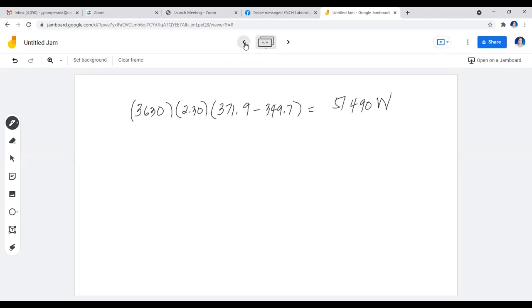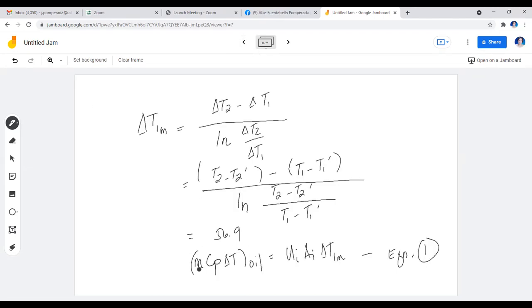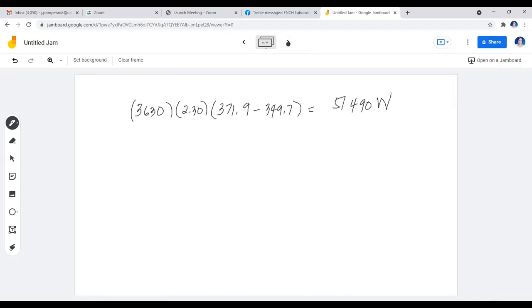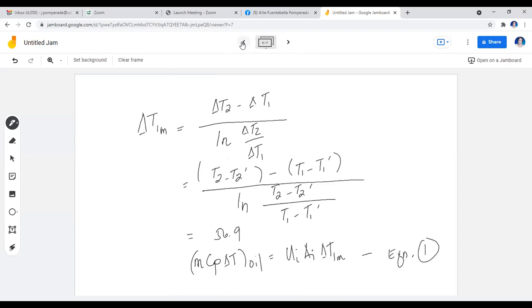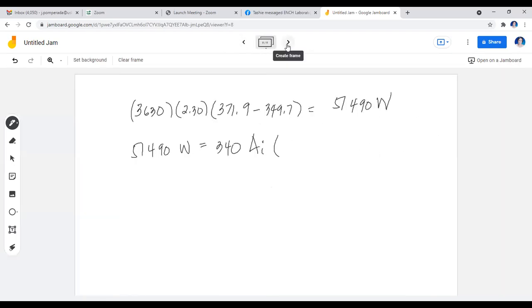This 51,490 watt for the oil, actually you can also use that of the water. It's the same value that you will be getting. You equate to our equation 1. So we'll have 51,490 watt is equal to your UI 340, you have the area, and then you have the delta T log mean, which is 56.9.